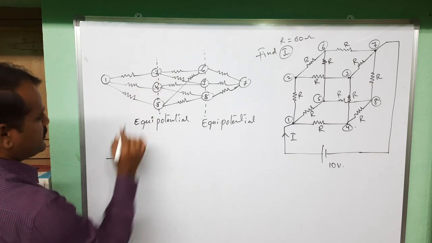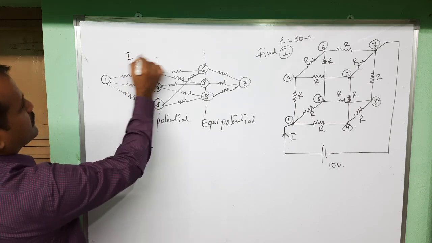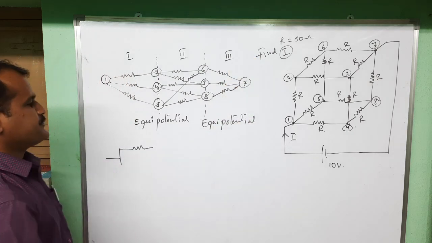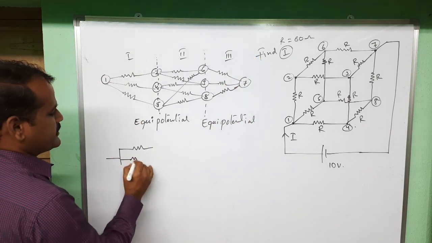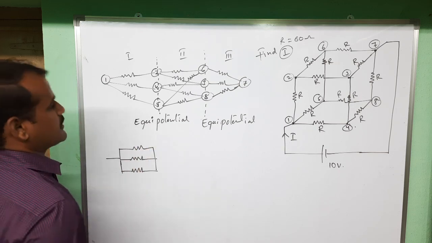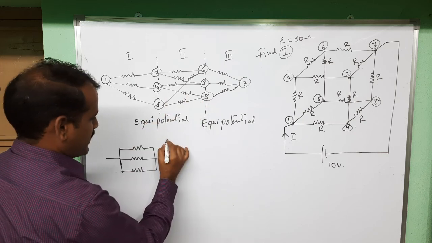Simply, this has 3 stages in this figure. In the first stage we have 3 resistors connected in parallel. In the next stage we have 6 resistors connected in parallel.